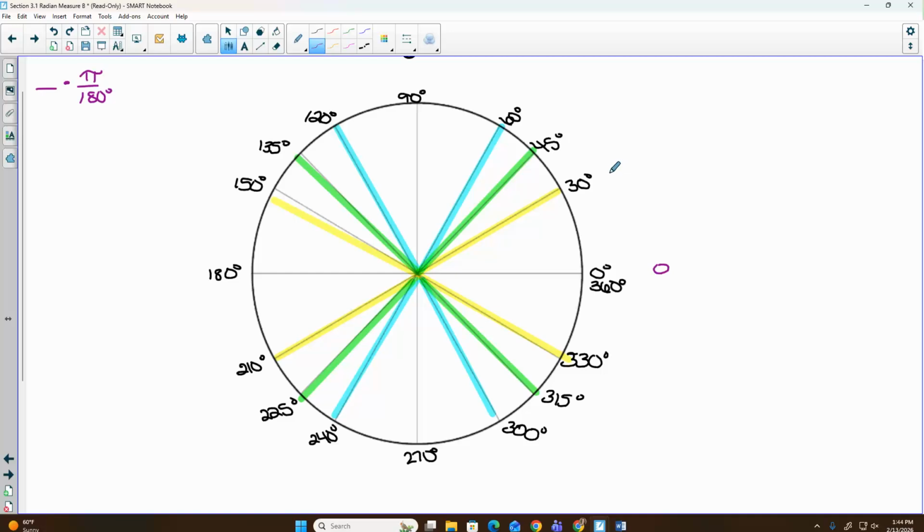What's 30 times pi over 180? 30 pi over 180, 30 over 180 reduces, so that's pi over 6. All right, 45 times pi over 180. Pi over 4. 60 times pi over 180.